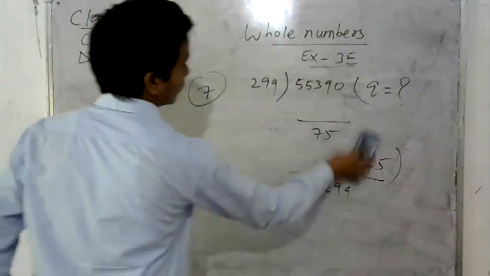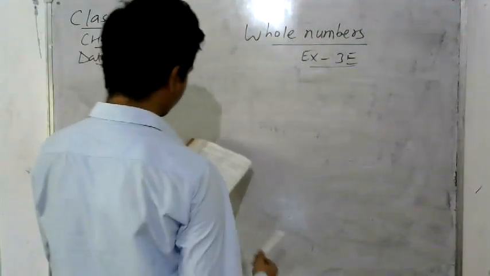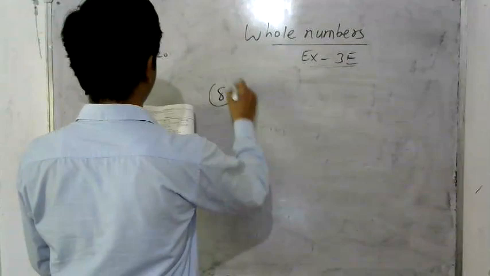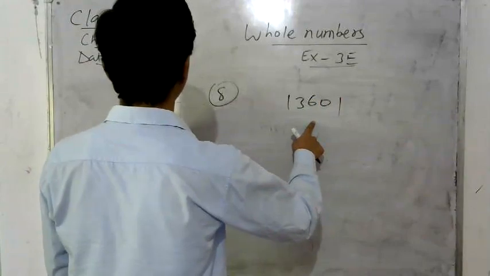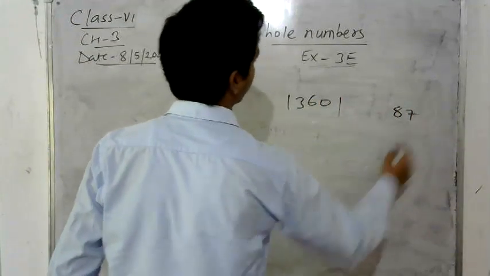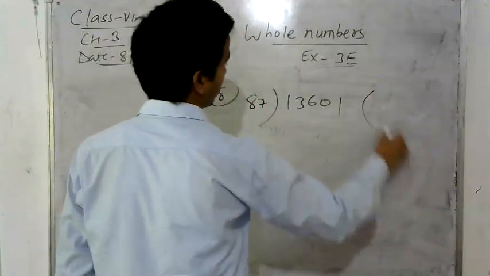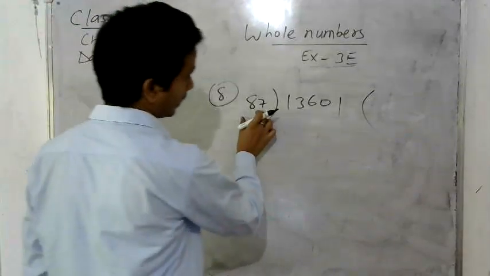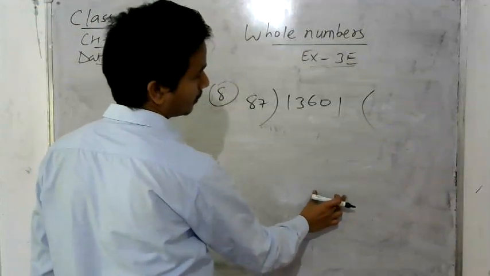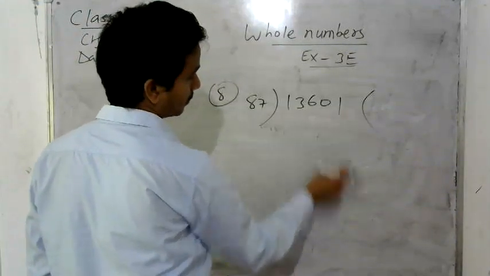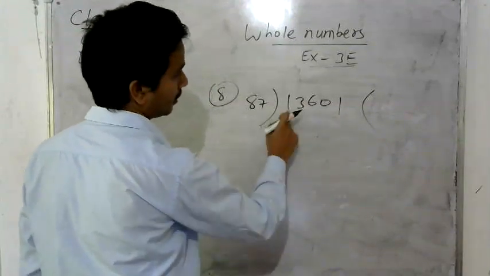Now question number 8. What is in question number 8? What least number must be subtracted from 13601 to get a number exactly divisible by 87? First divide it by 87, and whatever remainder you get, that is the least number to be subtracted from this number.